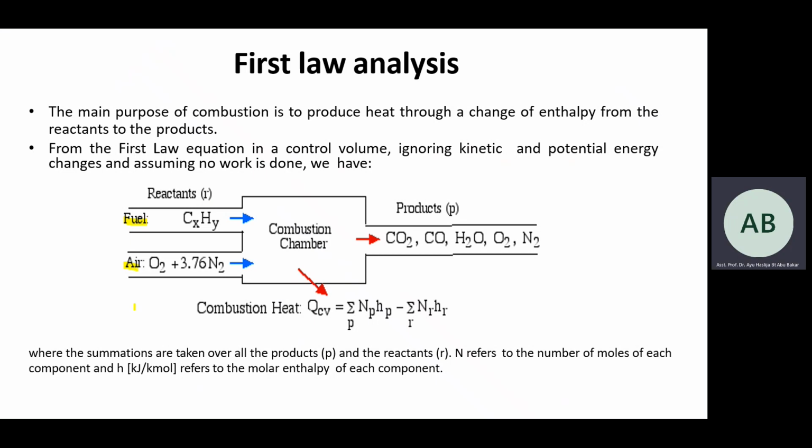So the product would be your combustion product. It can be CO2, CO if your combustion is incomplete, then H2O, O2, and N2. This is based on your fuel. These are the common products.